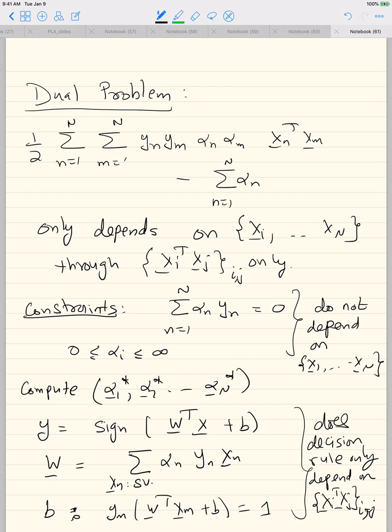So we have seen that w is a summation of alpha n yn xn. So we'll substitute that in here, and then b is obtained by solving this quantity.